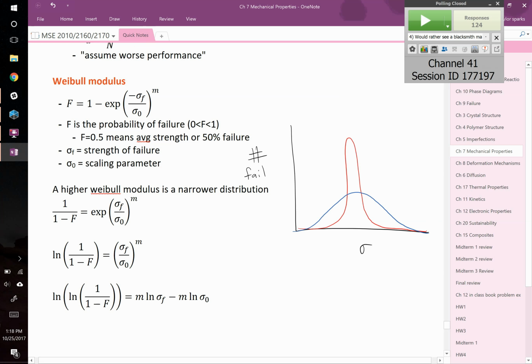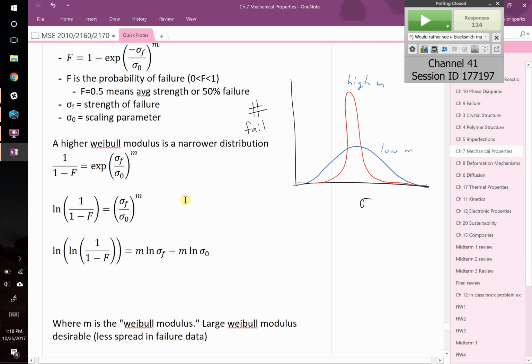They both would have the same average, but they would have different standard deviations. We can actually do more than just average and standard deviation if you define a Weibull modulus for this. You can capture the whole shape of this thing. So a higher Weibull modulus would be something like the red, and a lower Weibull modulus would be something like the blue there.